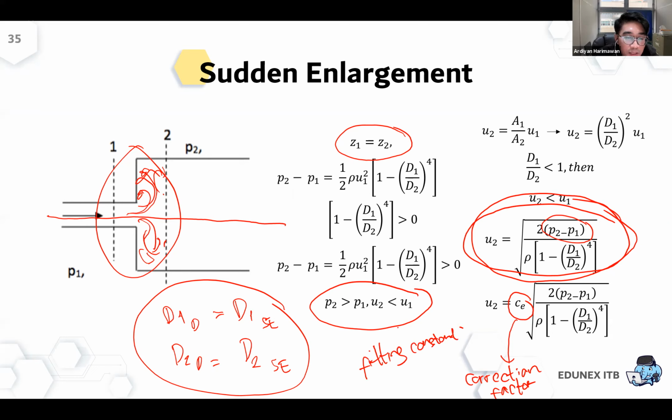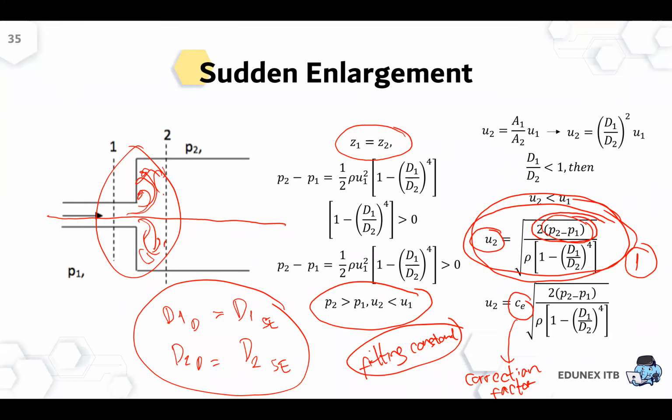Basically, the fitting constant correlates the velocity and the pressure difference. If you have a very ideal flow following Bernoulli, which is not going to happen in the real case, the velocity is proportional to the square root of the pressure difference.